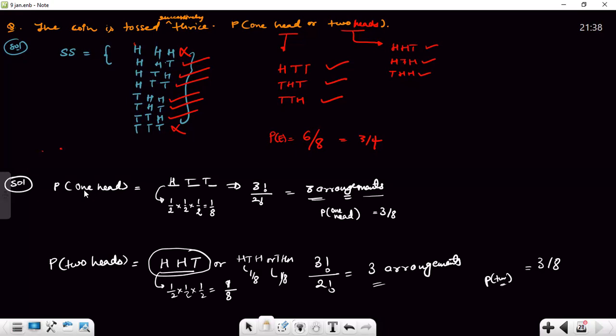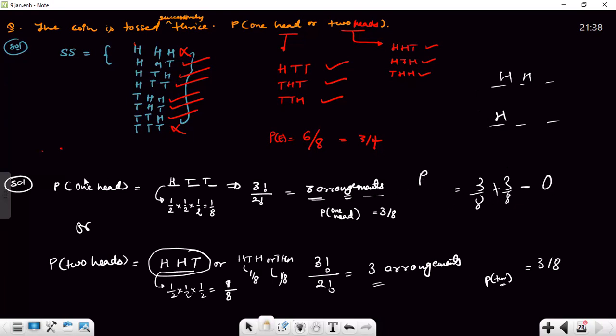Now we are unifying both of the cases by or. So 3 by 8 plus 3 by 8, minus the case when one head and two heads occur simultaneously. Is there any case where on three places there is one head and also two heads at the same time? No, there is not any. When there are two heads, there are two heads; when there is one head, there is only one head. So there is no common ground.